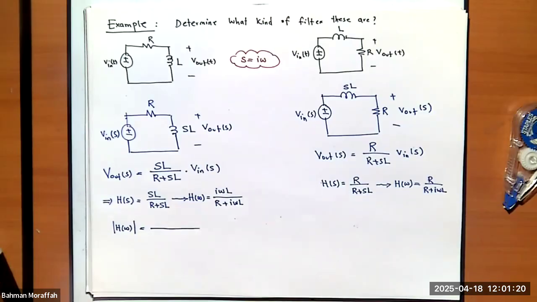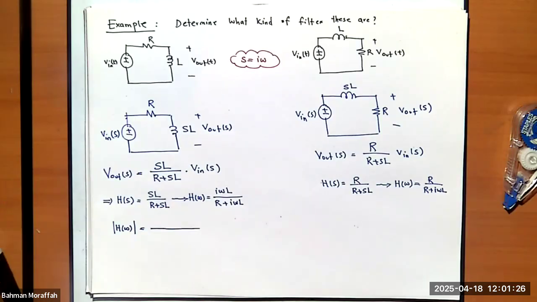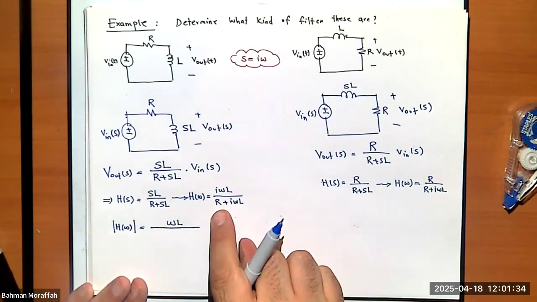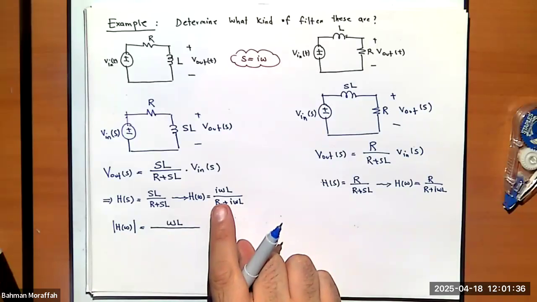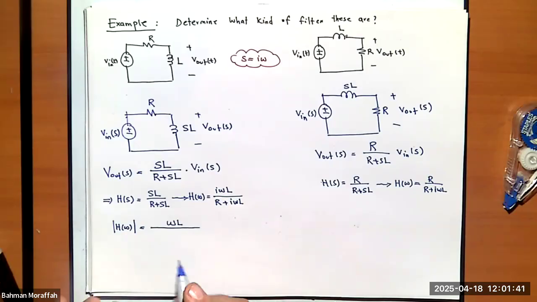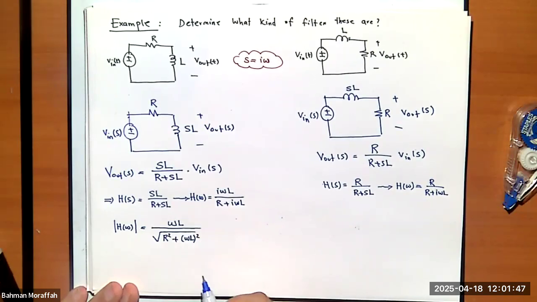Well, that's the absolute value of the numerator over the absolute value of the denominator. What is the absolute value of jωL? It's ωL, right? The absolute value of j is 1. So that is ωL. The absolute value of the denominator is the square root of the real part squared plus the imaginary part squared. So the square root of R squared plus ωL squared.